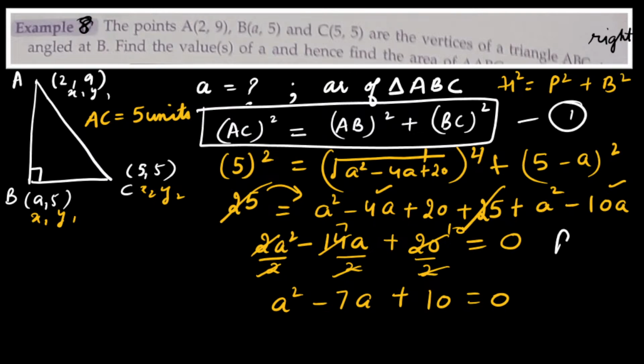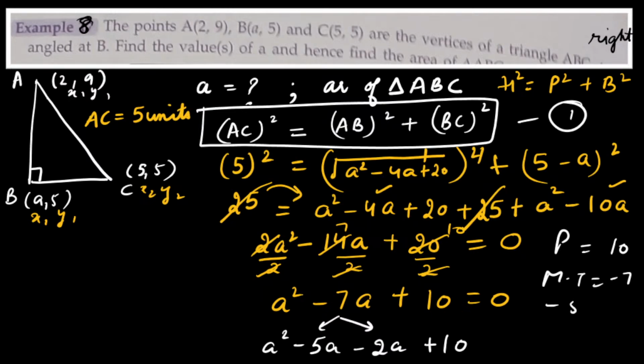So the product of two numbers is plus 10 and the middle term is equal to minus 7. Just tell me the factors, how I can split 7 so that the product of those two numbers should be equal to plus 10. So A square, I am just going to do it minus 5A minus 2A plus 10. Minus 5 and minus 2 I have chosen as the two numbers, because when you add them, the answer is minus 7. When you multiply them, the answer is positive 10, is equal to 0.